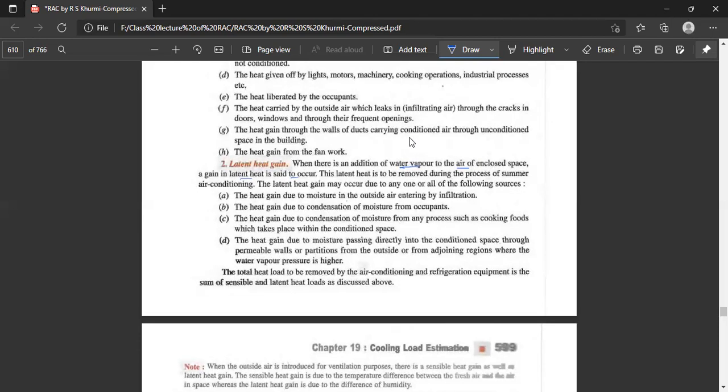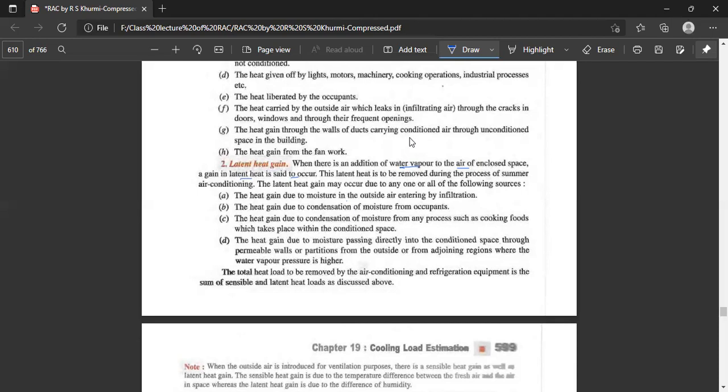The heat gain due to condensation of moisture from any process such as cooking food that takes place within the conditioned space. Some processes such as cooking food will create certain heat, which also has to be handled inside the conditioned space.